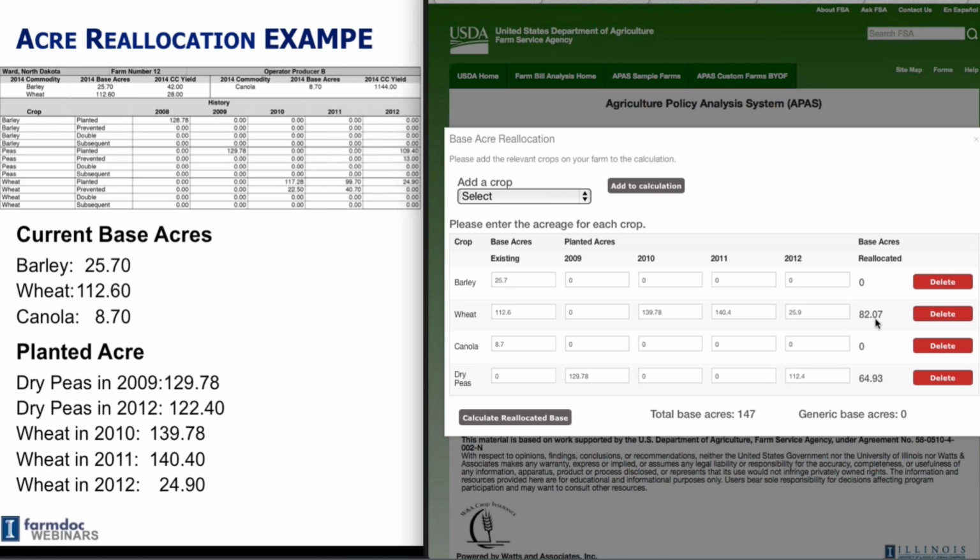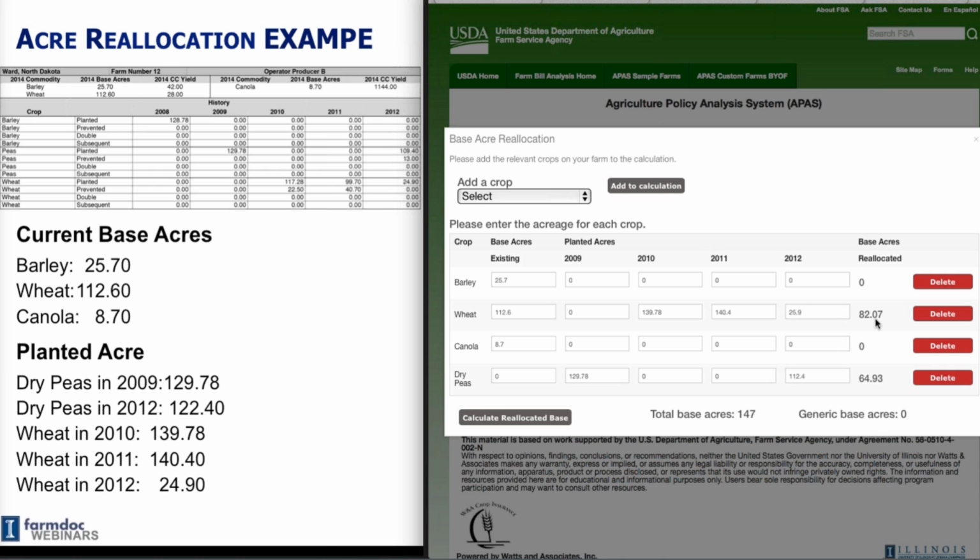There are only two options. On the payment yield, it's your current payment yields. Then you enter in the data and you get an updated option. It's just the choice between that or the other. It's not going to be a range of choices. For every crop on any individual FSA farm, you're going to have the current yield and, given the information I have available, my updated yield number. It's two things you're choosing between.